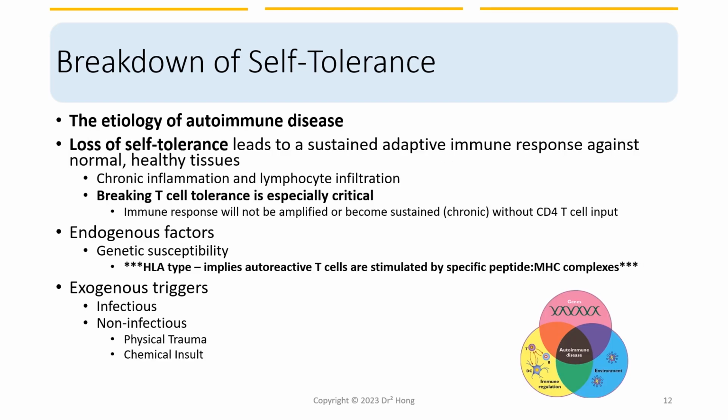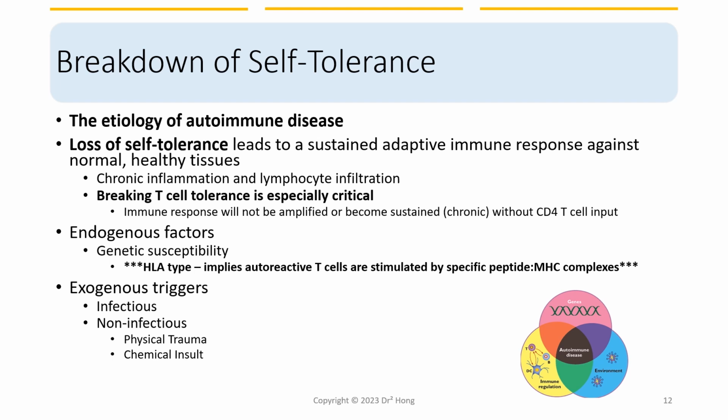Now, when we look at all autoimmune diseases, there is a common theme that is based on the breakdown of self-tolerance, leading to sustained and continuing action by the adaptive immune system against normal and healthy tissue, leading to chronic inflammation and infiltration of lymphocytes.